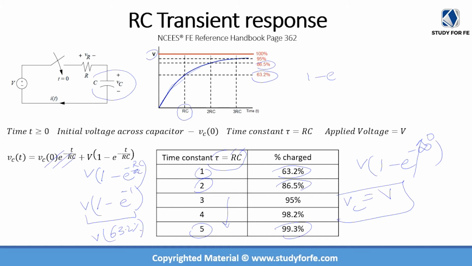This is very important to understand, and this is how the time constant comes into play. This portion of the equation shows us how the capacitor is going to charge.